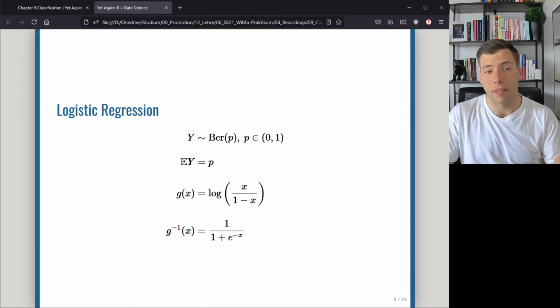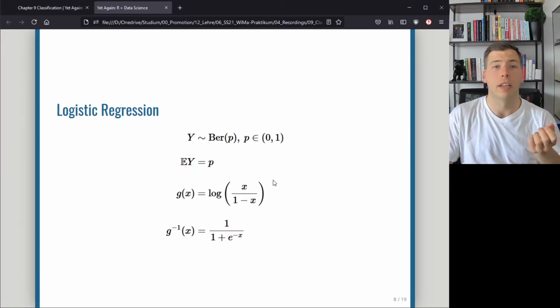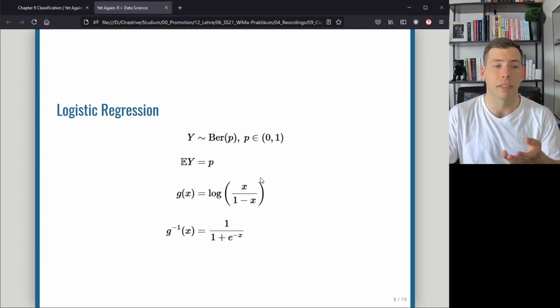Then we know its expected value is simply a probability, so p is between 0 and 1, which will help us to then use our fitted values by interpreting them as probability and then using it to classify our observations or our fitted values into the groups, saying that if something has a high probability to be of, for instance, species Iris setosa, then I will classify it as such.